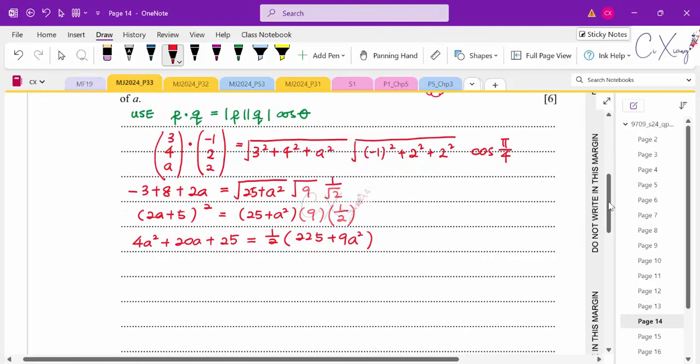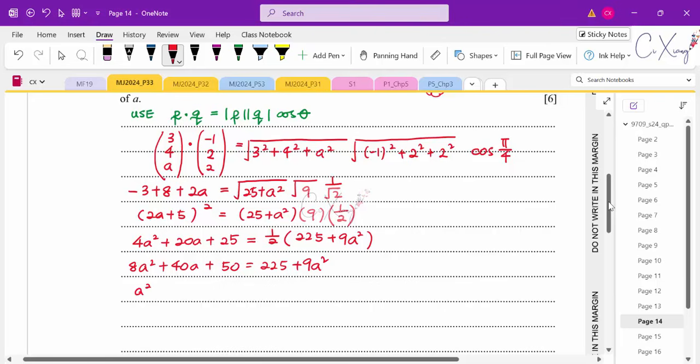Okay, and after that, further simplify it, get rid of the half. So I'm having 8a squared plus 40a plus 50 equals to 225 plus 9a squared. Then simplify this equation.